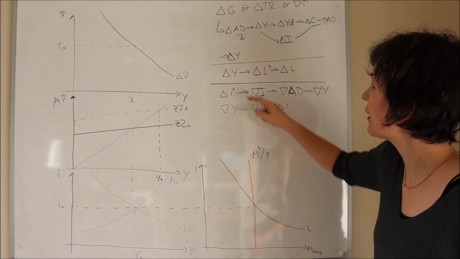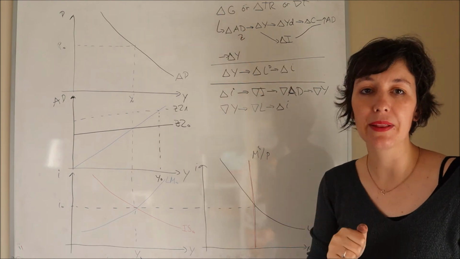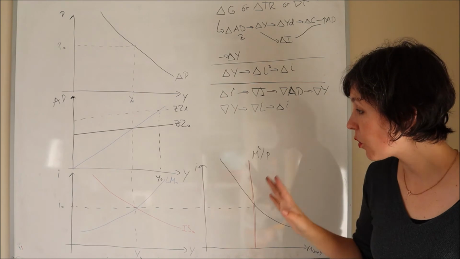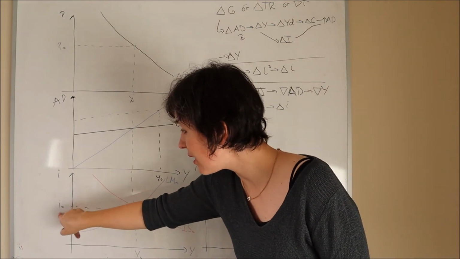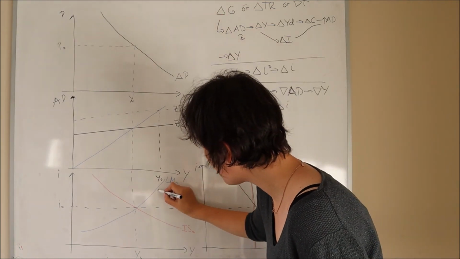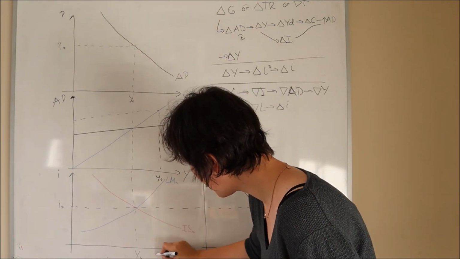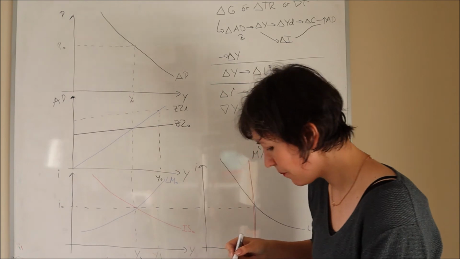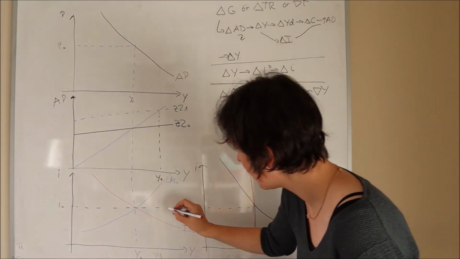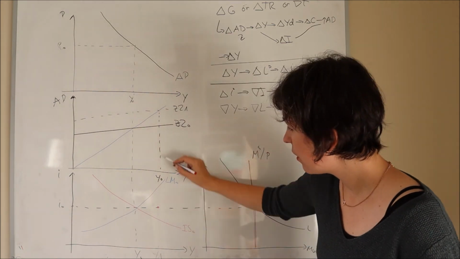Let's take a look here. It's because of the public spending, so the interest rate didn't change yet. Given the initial interest rate, now because the public spending is higher, the level of output is higher. It's here. So the IS curve is going to shift completely to this point, right?